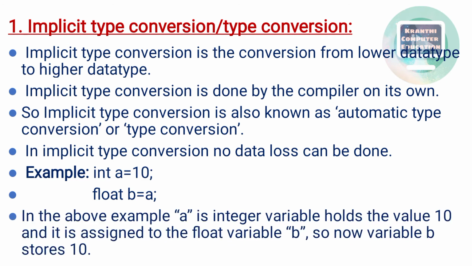So now b stores the value 10. In the above example, a is an integer variable that holds the value 10 and it is assigned to float variable b. So now variable b stores value 10.